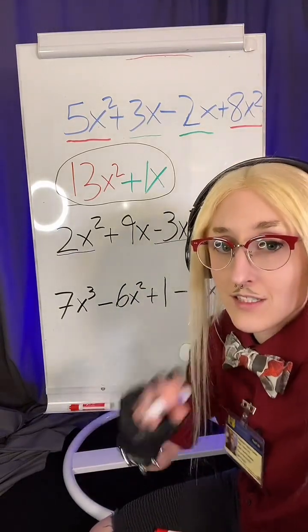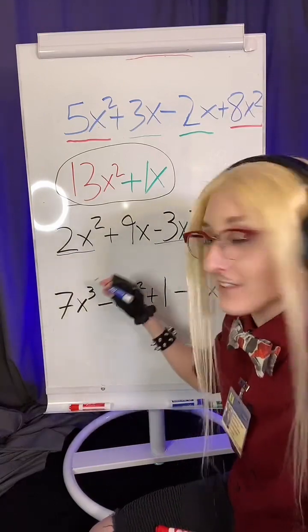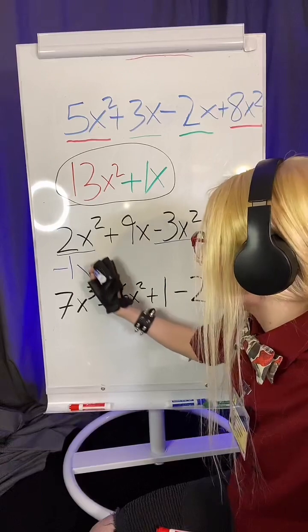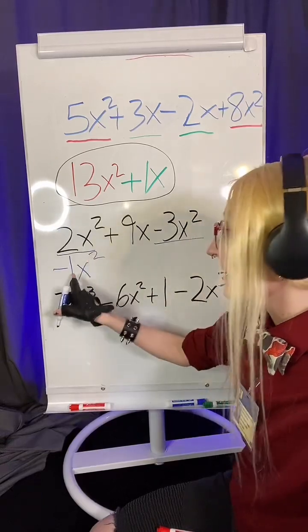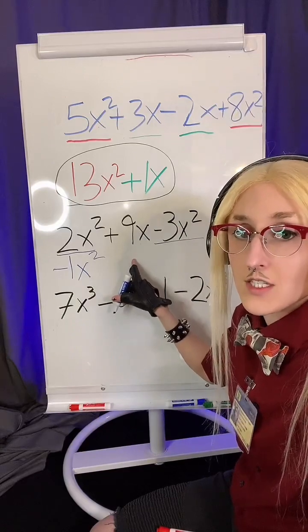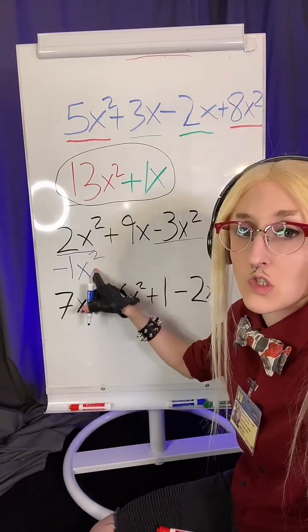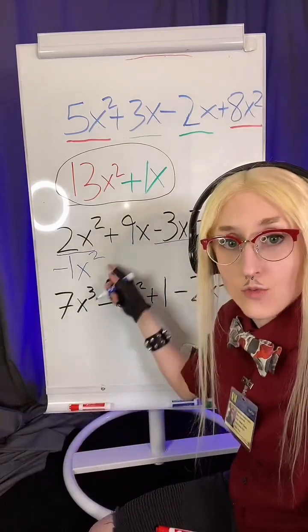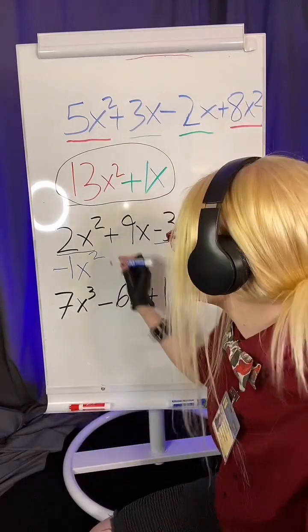Well, that's a little tricky. That one's a -1. That's okay to get. I've got -1 x squared. And it should still go first because my other one is just an x, and I have to do it in order of how big the thing attached to the x is, like the exponent attached.